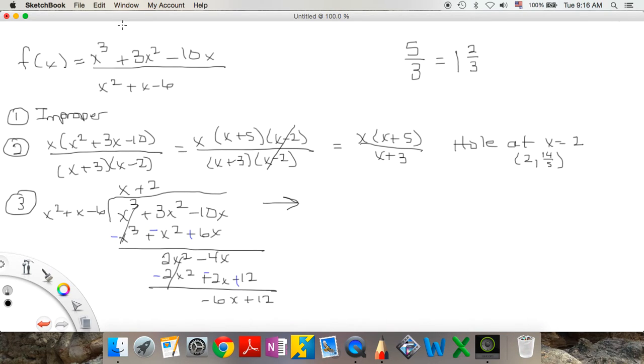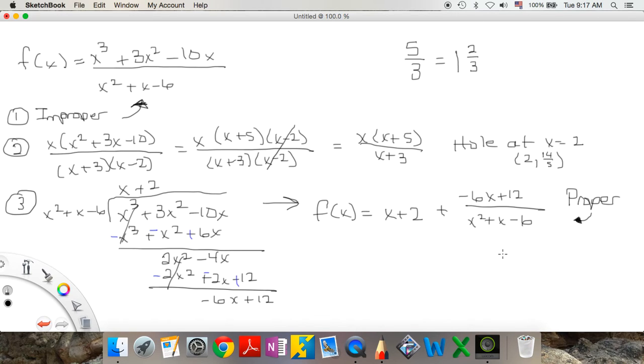That means that this rational function, f of x, another way to write it as a mixed number type setup is x plus 2 plus (negative 6x plus 12) over (x squared plus x minus 6), just like we did with the numbers. We take our whole part, and then our remainder is left in the fraction. So this is the proper form of this rational function. This one's improper, this is proper, but it's still the same exact function. It's just rearranged a little bit.